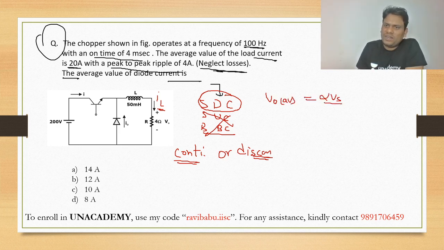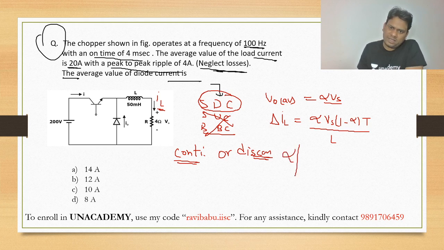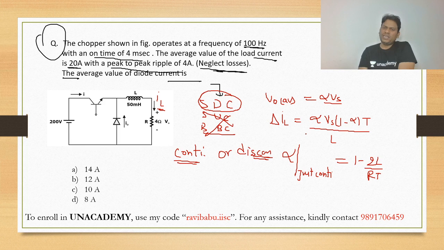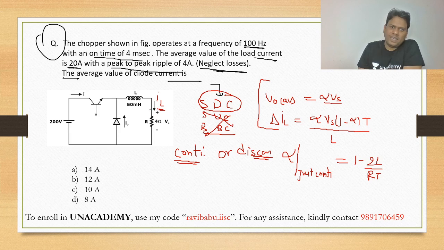For example, alpha into Vs is the average output. Ripple is alpha into Vs into (1 minus alpha) into T divided by L. And the condition for just continuous mode is alpha equal to 1 minus 2L by RT. These two formulas you can use only if IL is continuous. If not continuous, you are not supposed to use these two formulas.